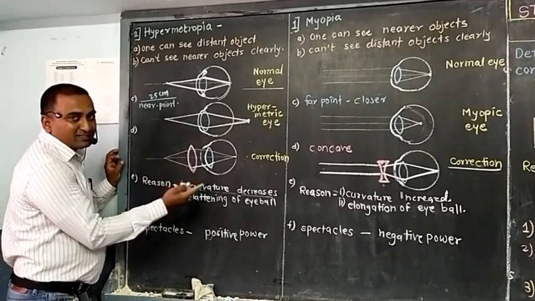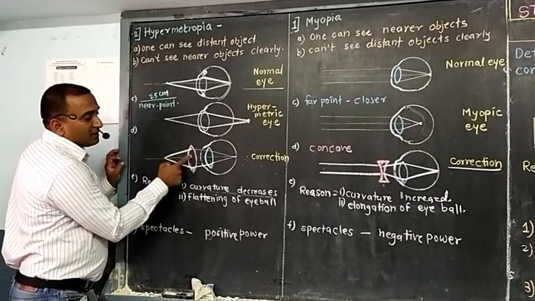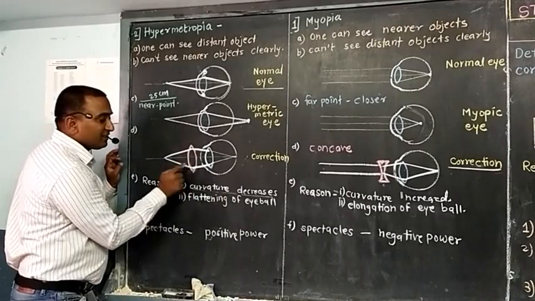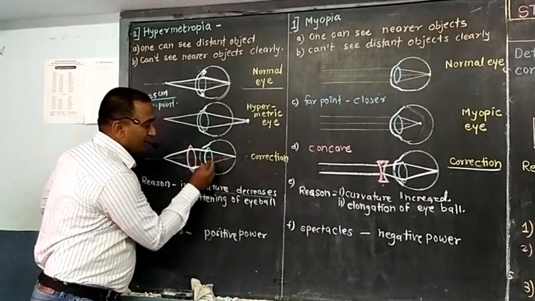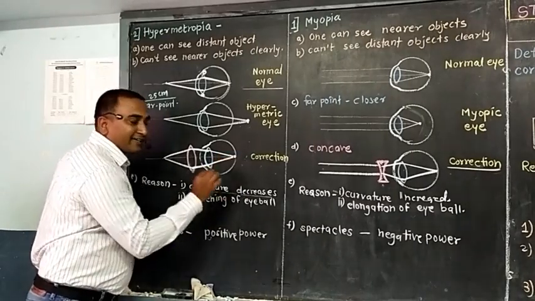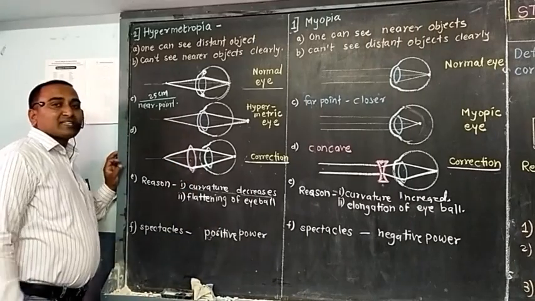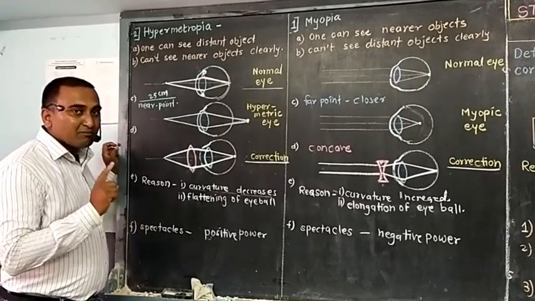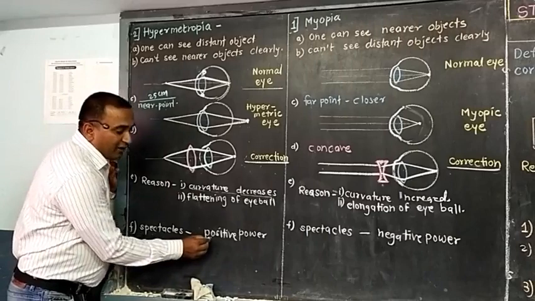As you keep this lens, that is the spectacle, in front of your eye, the rays which were not bending enough get a little bending from this first lens, a little convergence with the help of the artificial lens, and the original lens will bend the remaining rays, and the incident rays are now exactly focused on the retina. Those who use a convex lens have positive focal length, so the power of a convex lens is positive. So the spectacles we use to correct hypermetropia are of positive power.